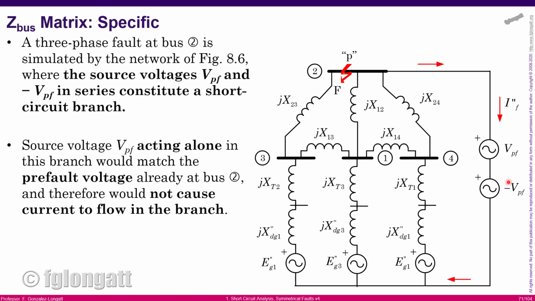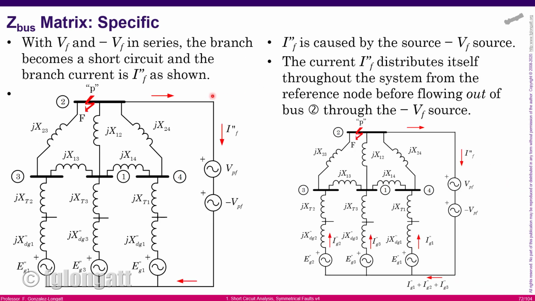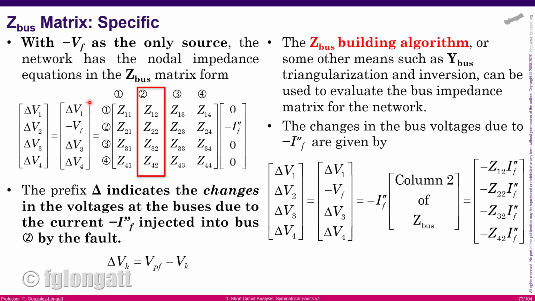Well, now, how do we calculate these fault currents based on those circuits? If we assume that the fault is happening here at bus bar number 2, we can identify that the voltages created during the fault condition are defined by this 4x4 matrix, and that is the impedance matrix.